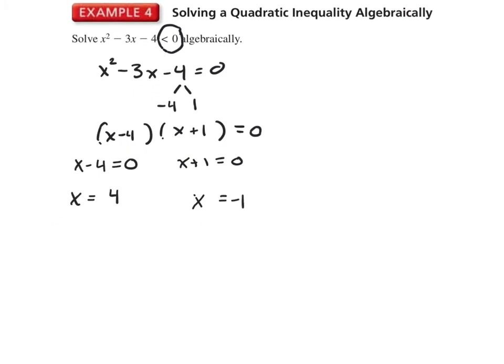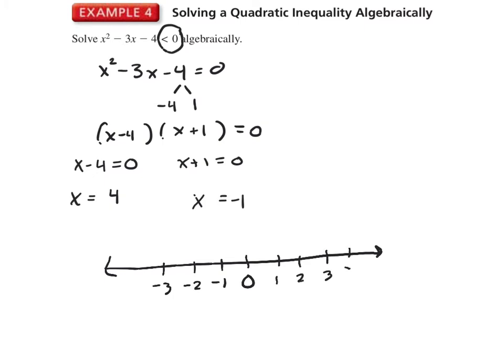Alright, so now that we found our two numbers when it's equal to 0, we're going to put those numbers on a number line. So we have 0 in the middle of our number line. We can say negative 1, negative 2, negative 3, 1, 2, 3, 4, 5.